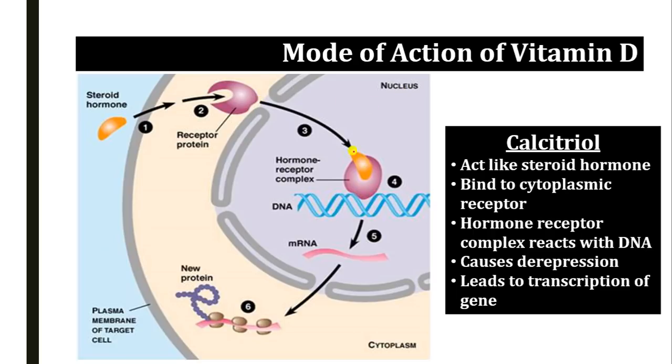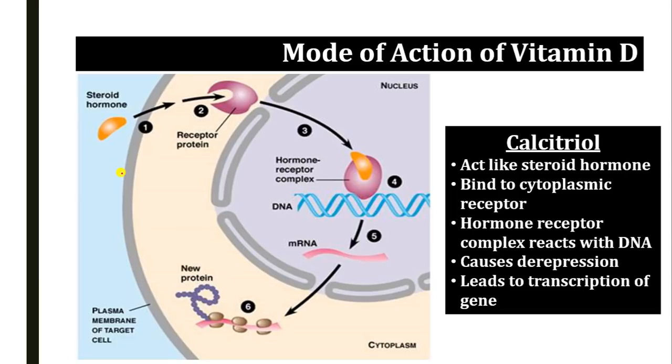This hormone receptor complex binds with the zinc finger of DNA, and it causes de-repression, resulting in transcription of that particular gene, and it synthesizes a protein, and that protein carries out its action depending upon the target cell.